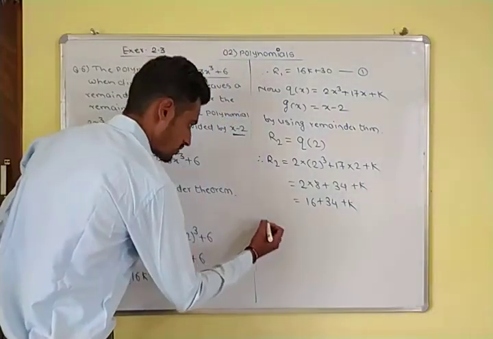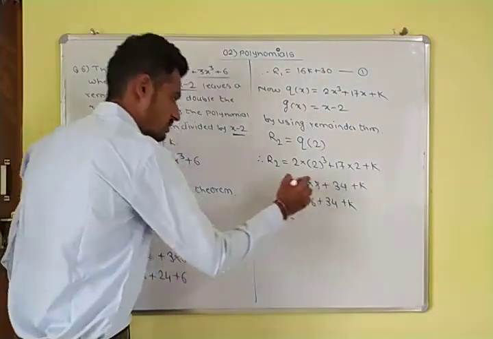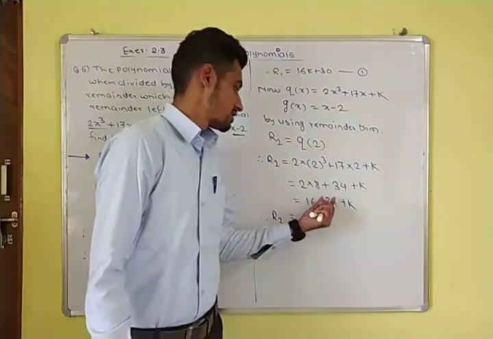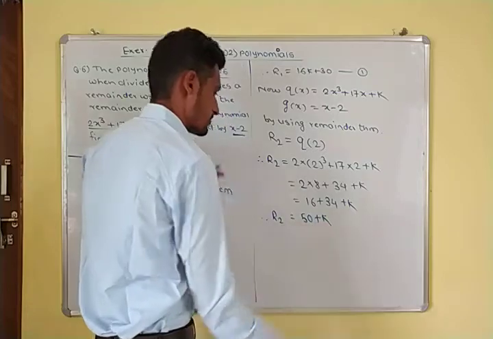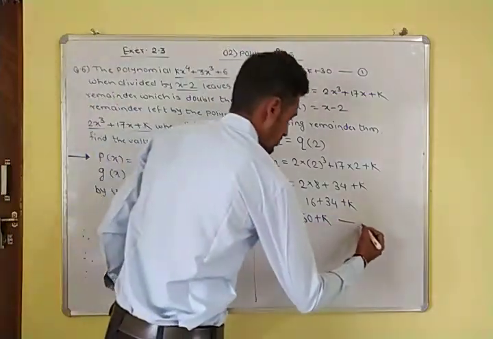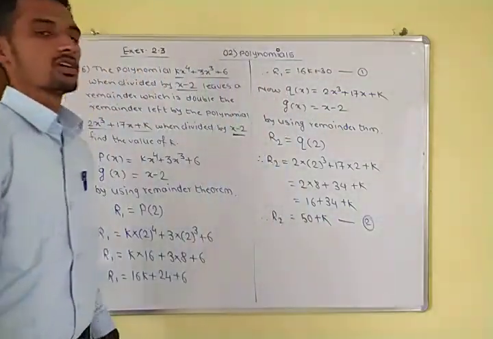Therefore r2 is equal to 50 plus k. Say this is equation number 2.